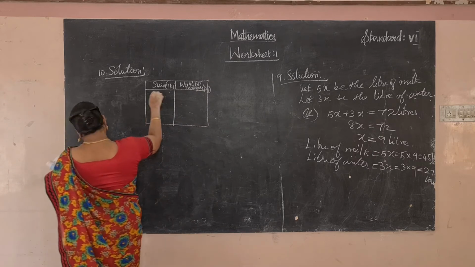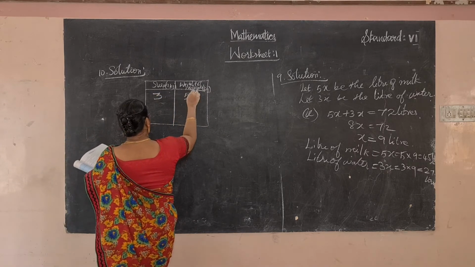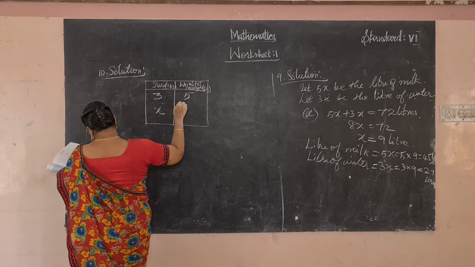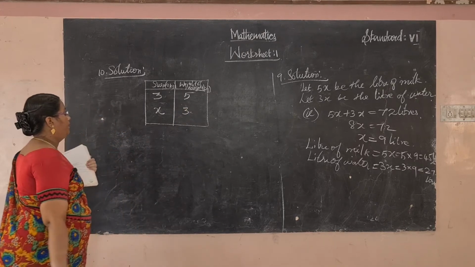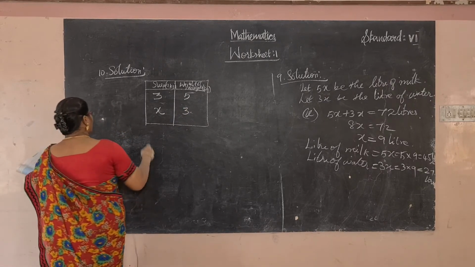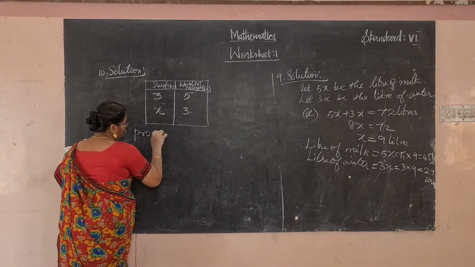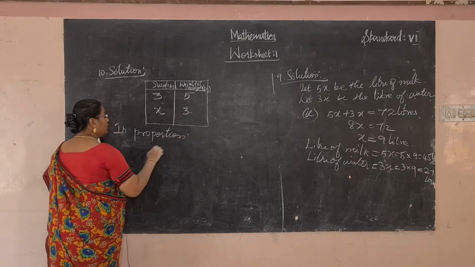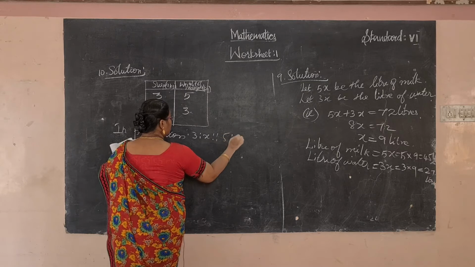So 3 kg sugar is required for 5 kg mangoes. Okay, how much we don't know, x. Okay, and then for 3 kg. In proportion, 3 is to x, proportion 5 is to 3.